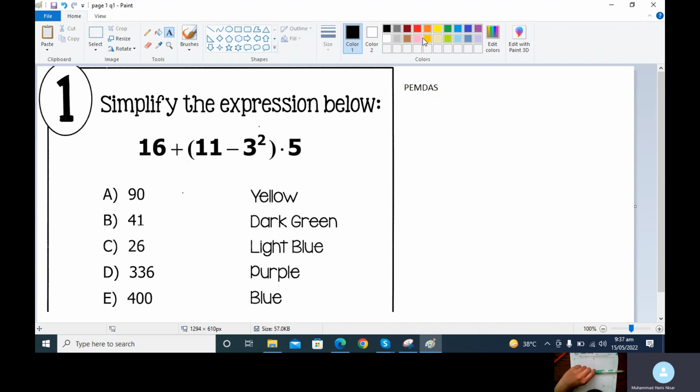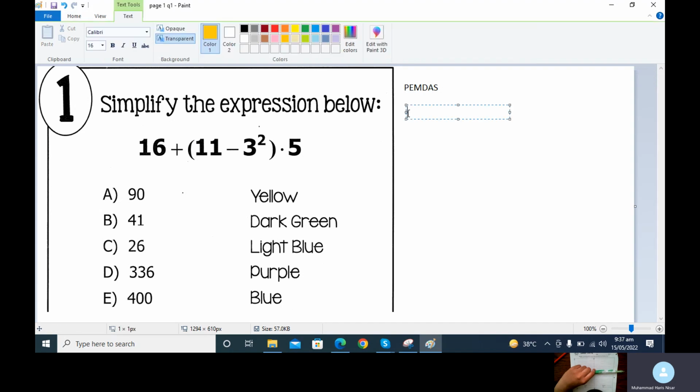E stands for exponents. M stands for multiplication. D stands for division. A stands for... tell me.